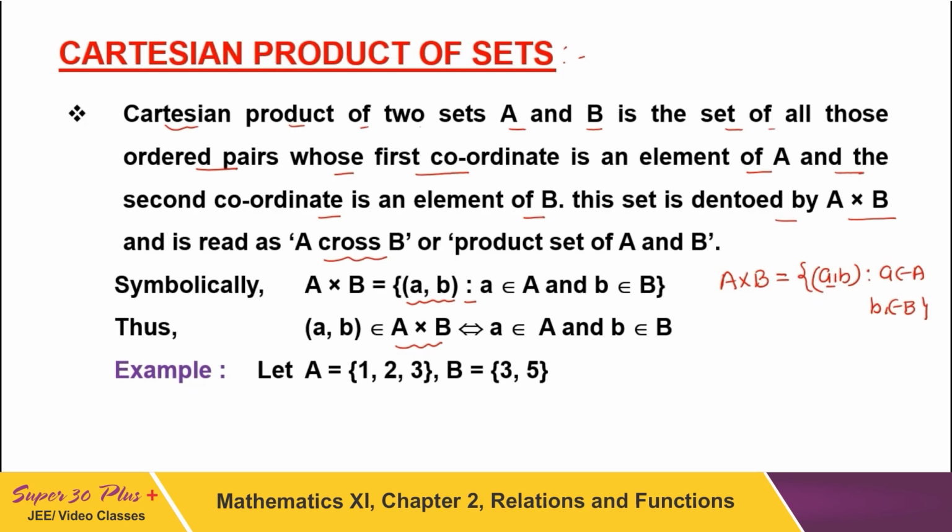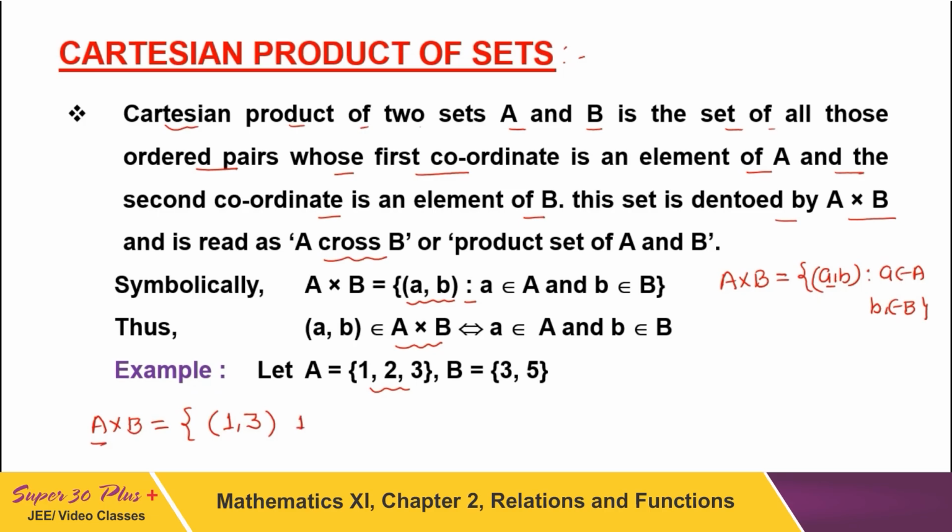Now let's take an example. Let A be the set {1, 2, 3} and B be the set {3, 5}. Then what will be the Cartesian product A cross B? According to the definition, it is the collection of ordered pairs such that first elements come from set A, so 1, and the second element from set B, which is 3, and so on.